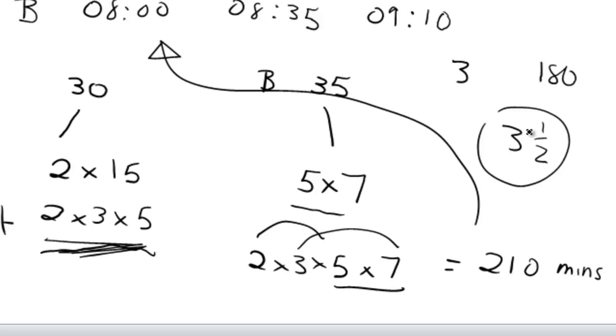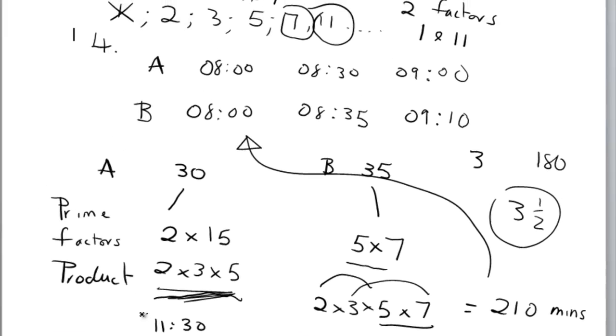So it's 3.5 hours from 8 o'clock, and that gives me 11:30. Okay, so at 11:30 the bells will chime again, and that is answer C.